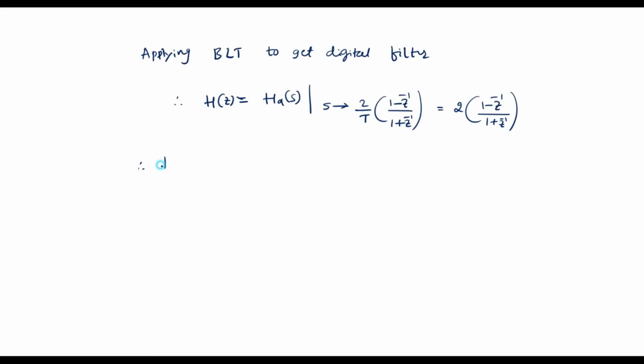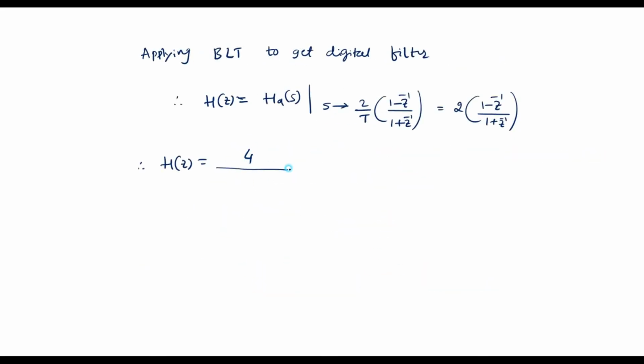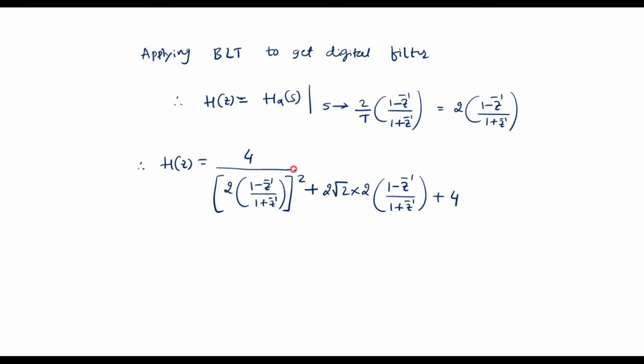So therefore we can write H of z is equal to 4 divided by s square, which is nothing but [2 (1 minus z inverse) divided by (1 plus z inverse)] square, plus root 2 times 2 root 2 s, that is 2 root 2 into 2 (1 minus z inverse) divided by (1 plus z inverse), plus 4.